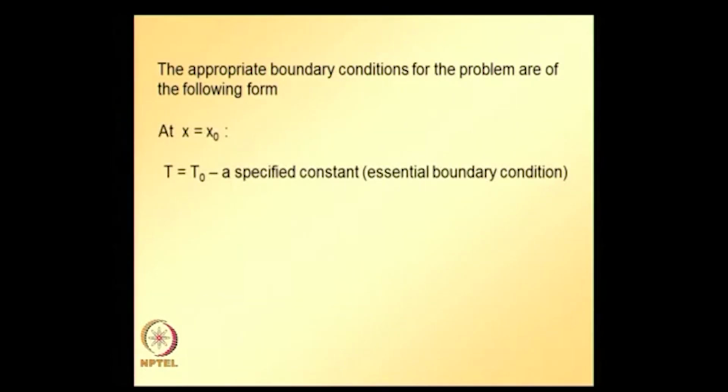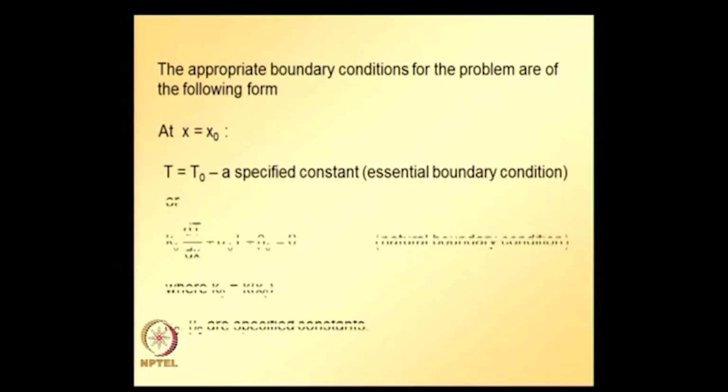If you see the problem statement, the domain goes from x0 to xl. The boundary condition at x equal to x0 is, if it is an essential boundary condition, t equal to t0, where t is the field variable and t0 a specified constant, or you can have a natural boundary condition like this. Here k0 is the k value at x0, and alpha0 and beta0 are specified constants.